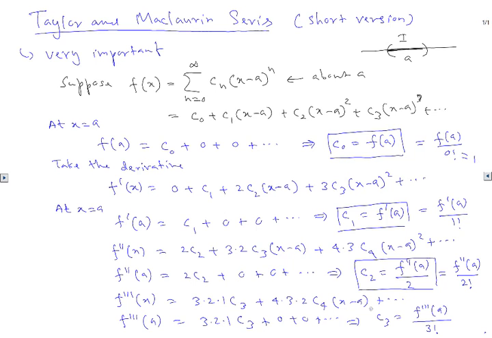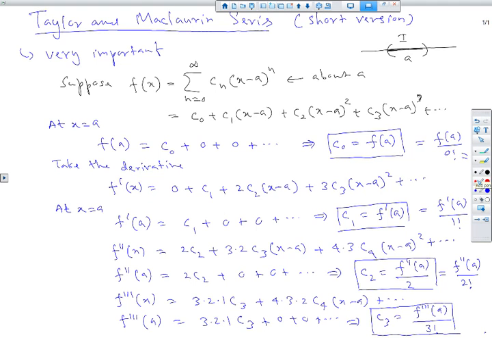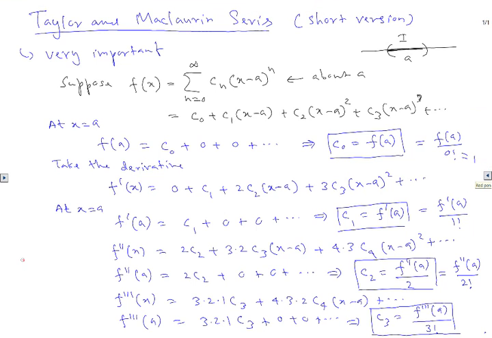Okay, so if you look at the third one, you can see that there's a pattern here. What's the pattern? You can write the nth coefficient: c_n equals the nth derivative evaluated at a divided by n factorial.